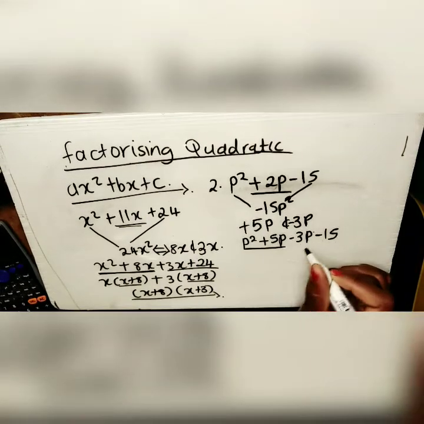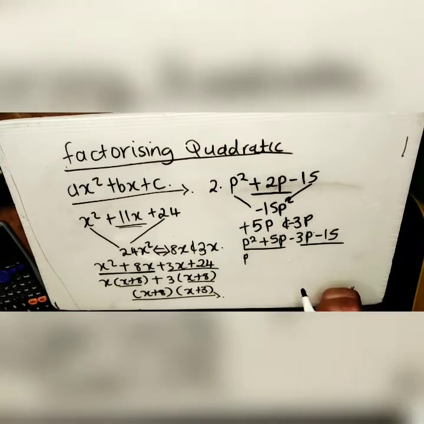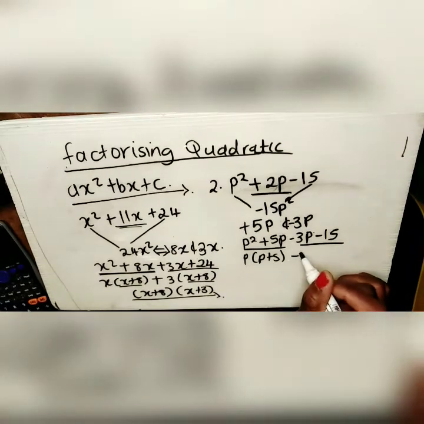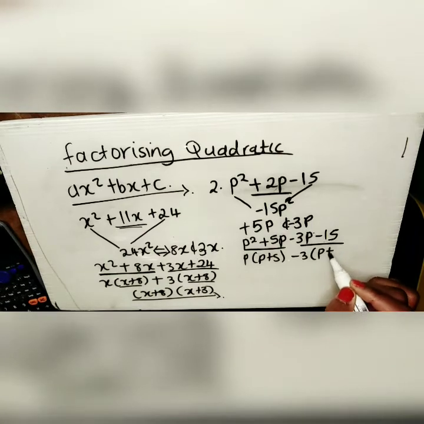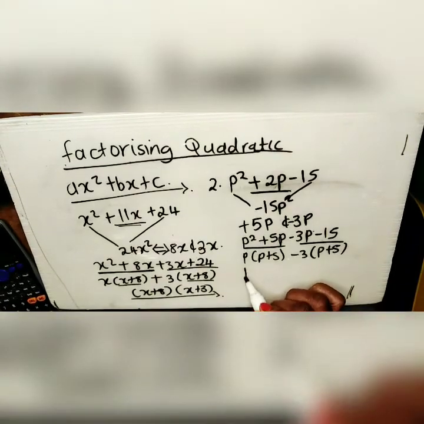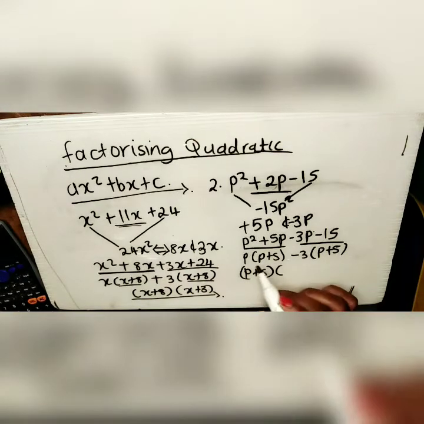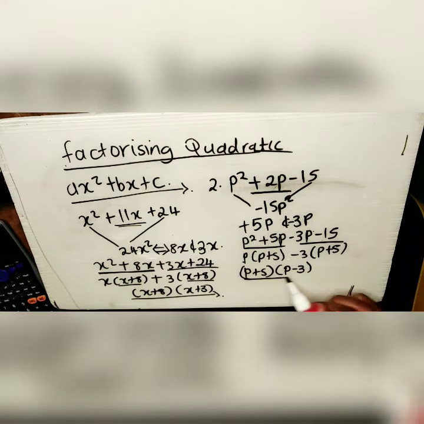Okay. Then let's factorize by grouping. P is common for the first one, and then we remain with p plus 5. Minus 3 is common for the second one, and then we remain with p plus 5 as well. So p plus 5, that's your common bracket. You write it once, and then the other bracket is going to be p minus 3.